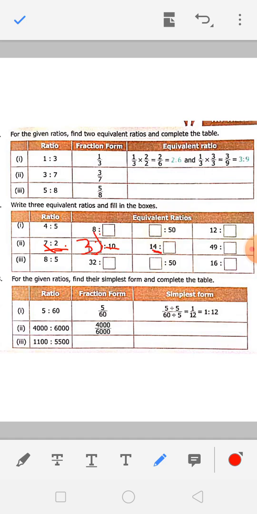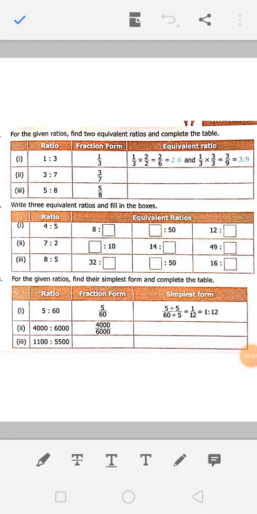And then here is 14. How can 7 change to 14? Multiply by 2, 7 2s are 14. So in the second value we multiply by 2: 2 2s are 4. Here the answer is 4. And then here is 49. 7 7s are 49, so 7 multiplied by 7. So 2 7s are 14.